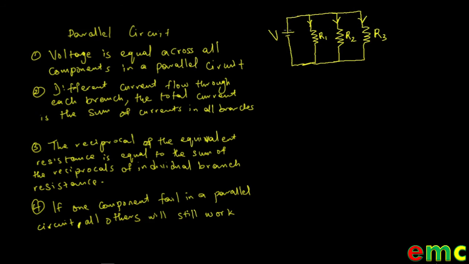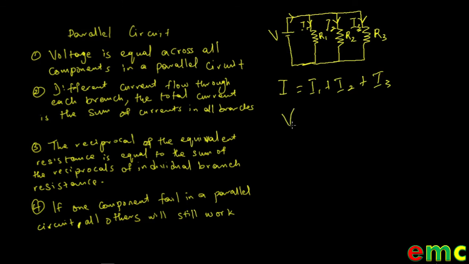But the total current flowing out of the voltage source, which is our I, is equal to the individual currents flowing through each branch. So we have I equal to I1 plus I2 plus I3.